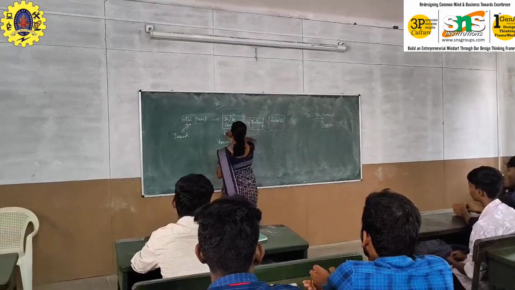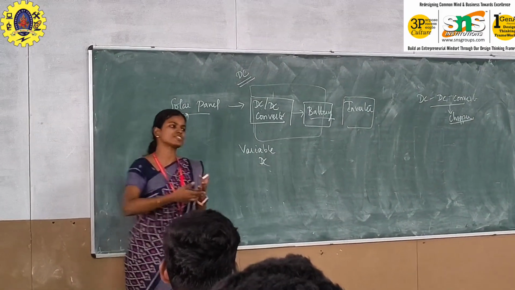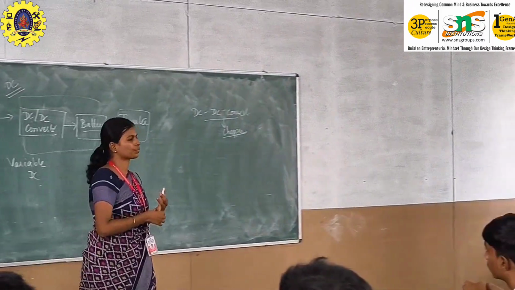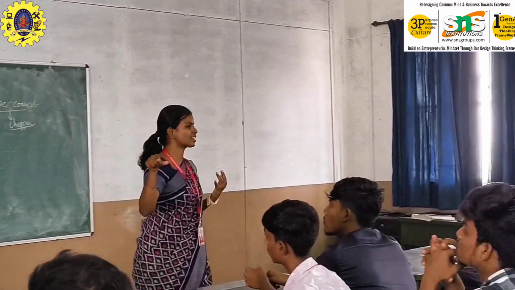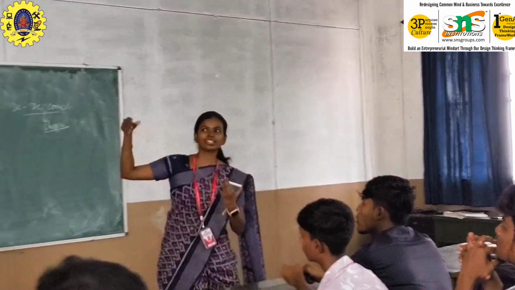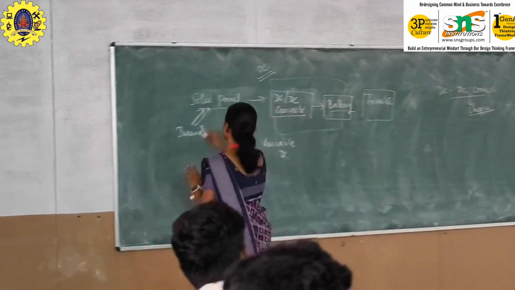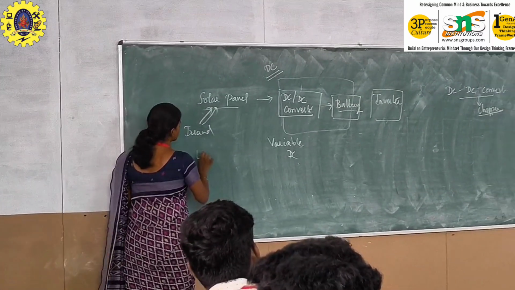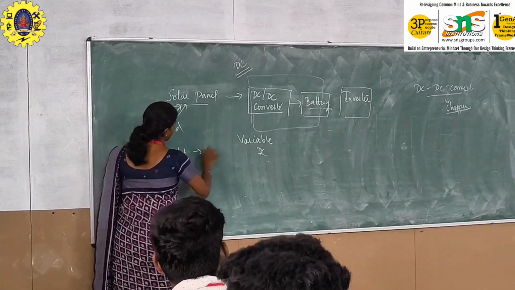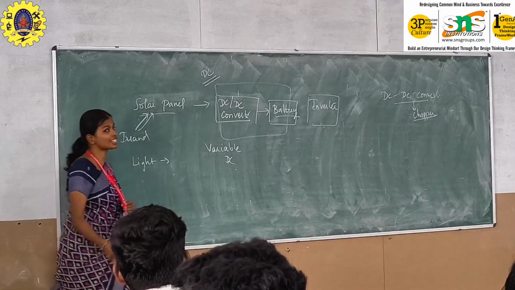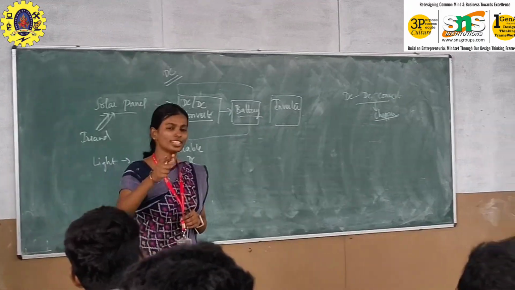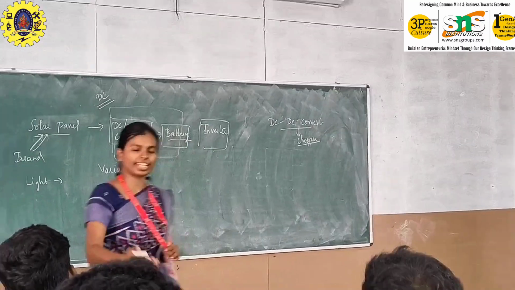And how does a wind energy system work? It converts which energy to which energy? In solar it converts light energy; in wind it converts kinetic energy, that is mechanical energy.